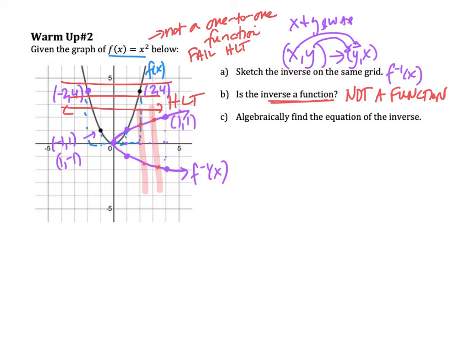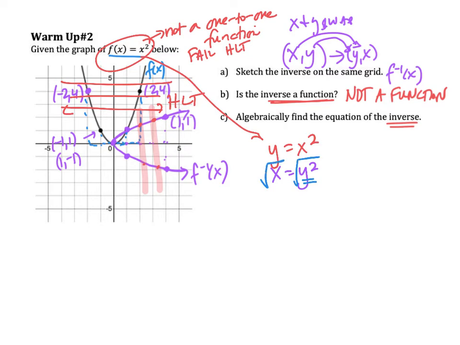So if we are going to find the inverse, even though the inverse isn't a function, we can still find the inverse. We take our original function, we switch the x and y, we resolve for y. Now, how do I isolate my y? Well, if it's y squared, the only thing I can do is take the square root of both sides. When you take the square root of y squared, you just get y.